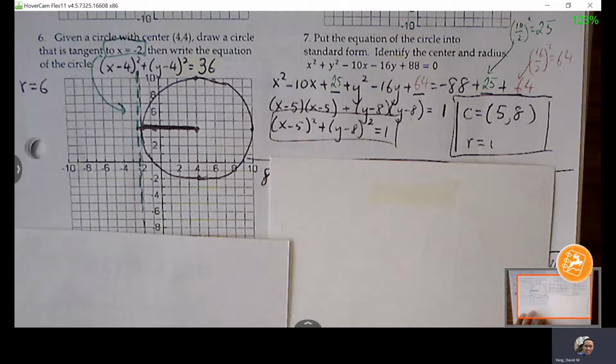Once you have your circle in standard form, make sure that you're able to pull the center correctly and also take the square root of the right side of your equation.